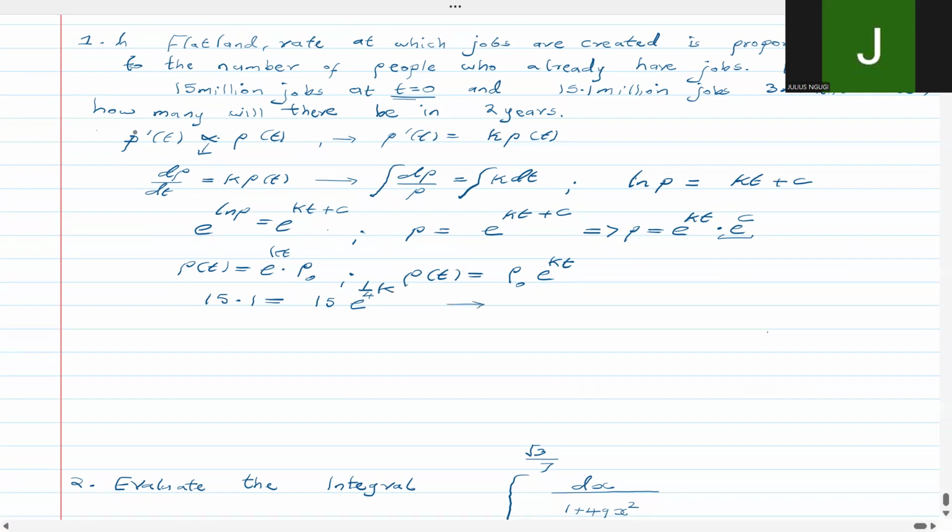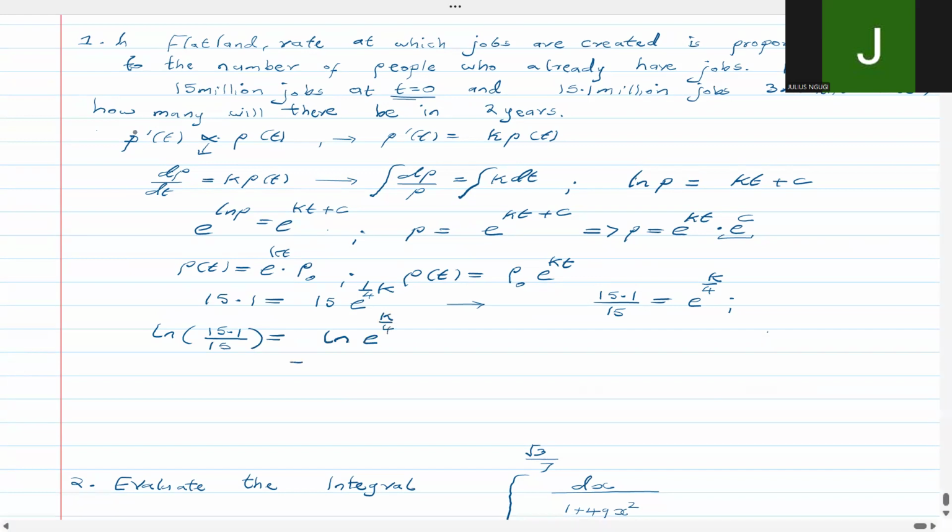So in finding the rate here, we first divide 15.1 by 15, which equals e to the power K/4. Then again, we introduce the natural logarithm, so the natural log of 15.1 divided by 15 equals the natural log of e to the K/4.